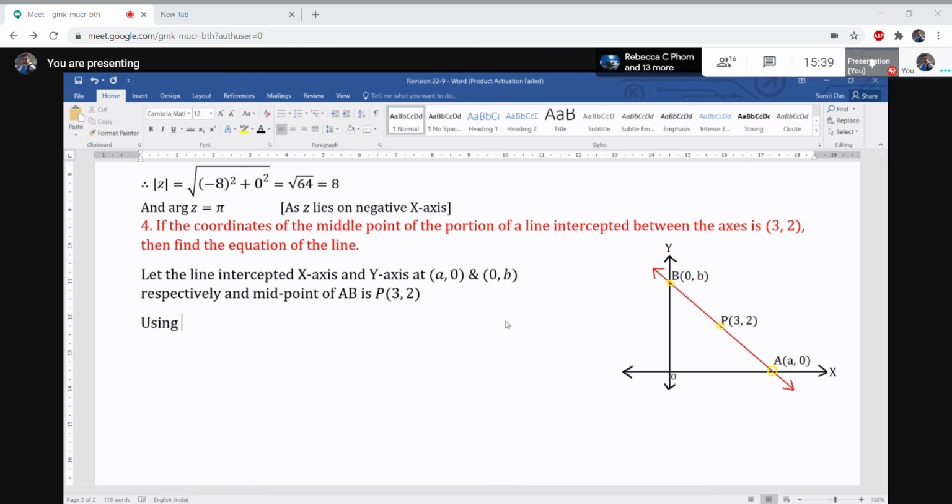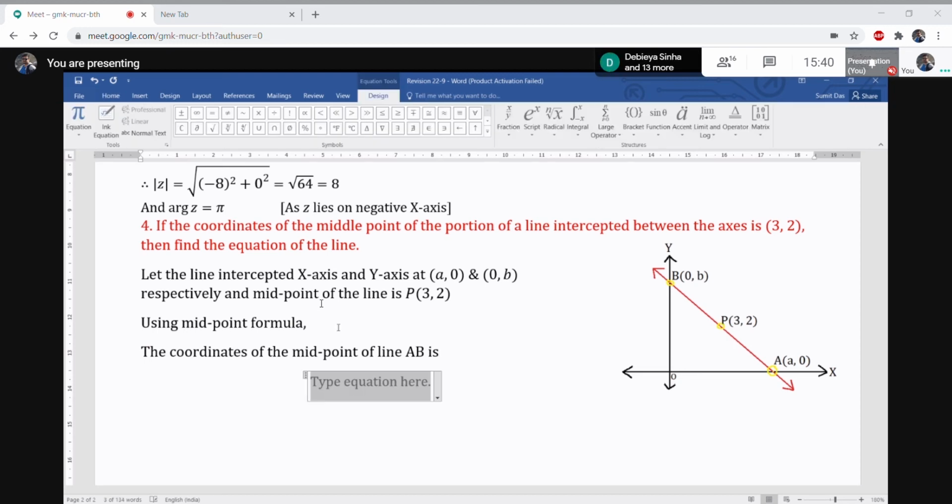Using the midpoint formula, the coordinates of the midpoint of line AB is, we'll use the midpoint formula.